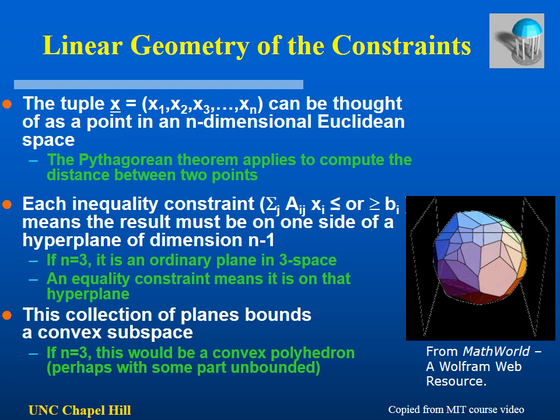So we can consider the places on the surface of the polyhedron and try to find that place which maximizes f sub 0. Moreover, we can intuitively see that the top is going to occur at some vertex of this polyhedron.